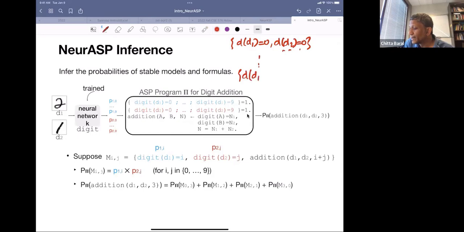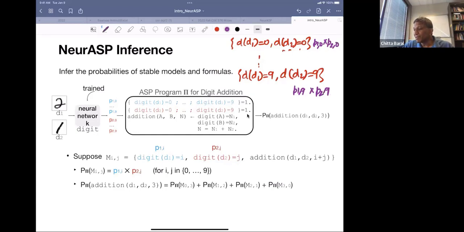Digit of D1 equal to 9, and digit of the final one, D2, equal to 9. Now, there's a simple way to look at it. We can assign probabilities to each of these answer sets. The probability of this answer set is the probability of 1, 0 times the probability of 2, 0, while this one is the probability of 1, 9 times the probability of 2, 9.